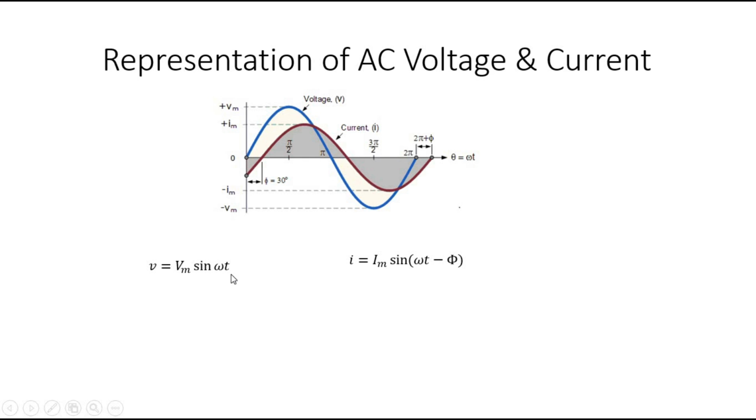For any AC quantity, in order to write the equation, we need only the maximum value and the ω, and if there is any phase difference, the phase also. If it is delayed, it is lagging, minus φ. If it is earlier, it is leading, plus φ. So with this we can wind up the session. Thank you.